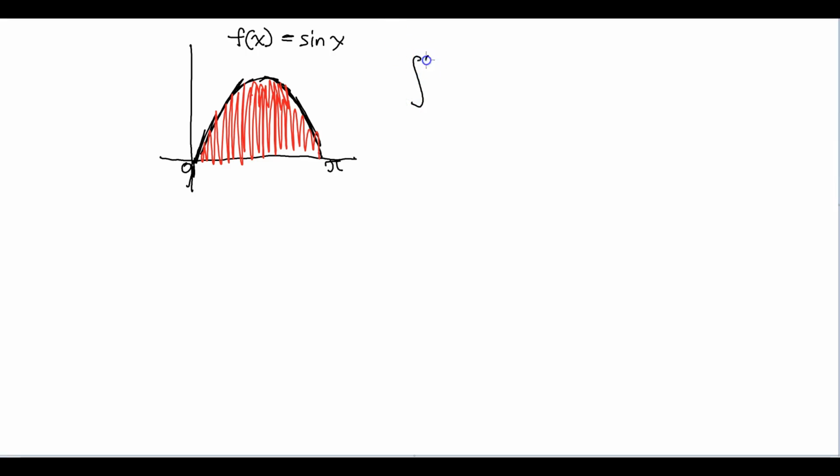So your upper limit is pi, your lower limit is 0, and you're trying to find the area of the region bounded by sine of x and your variable of integration. And next video, we're going to learn how to actually evaluate this integral so we can get the exact area of this region and a lot more regions.